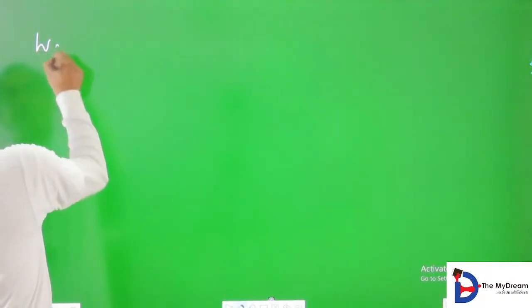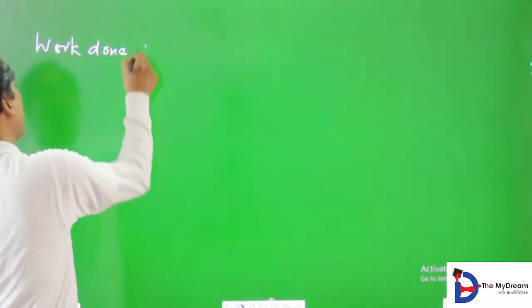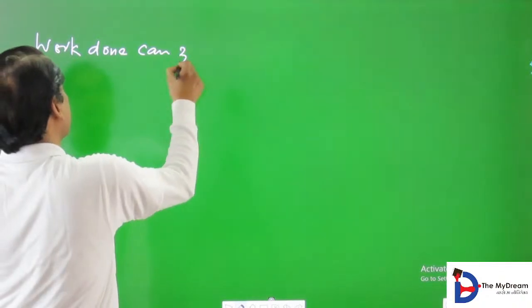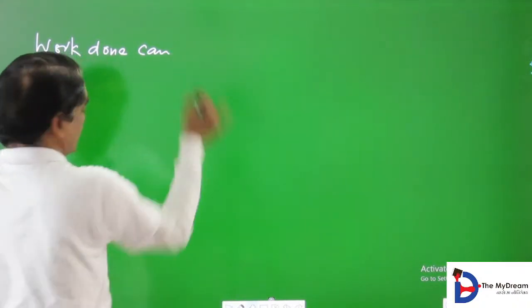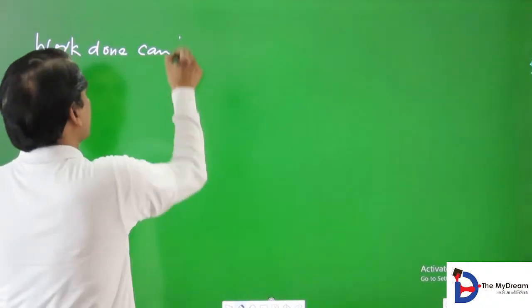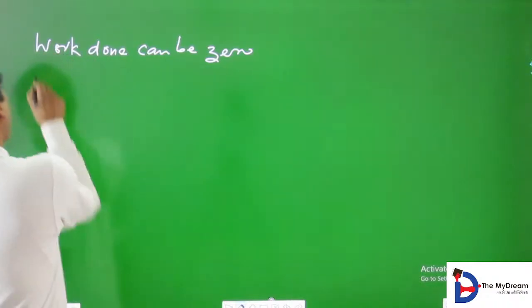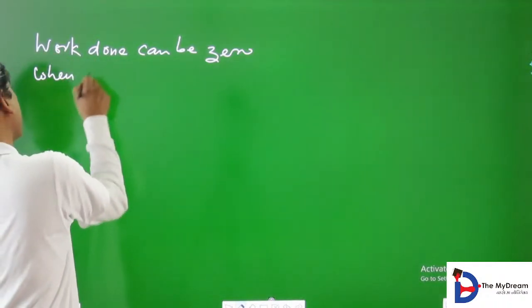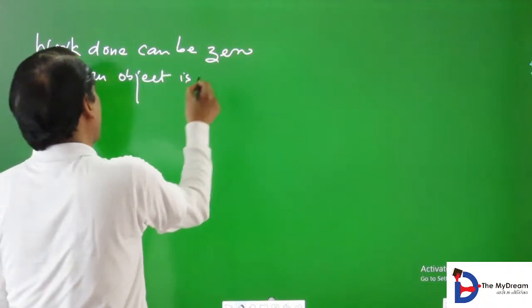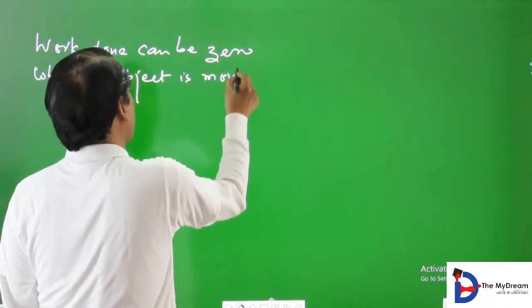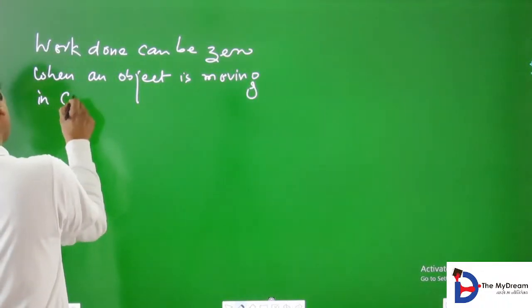Work done can be 0. Work done can be 0 when an object is moving in a circular path.